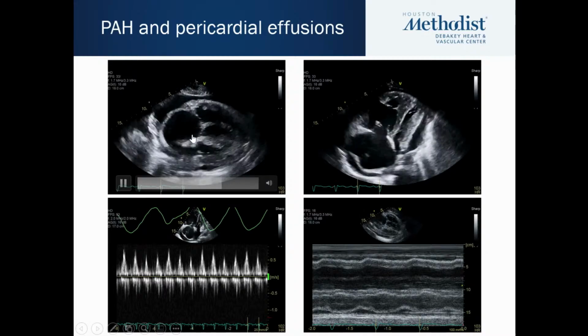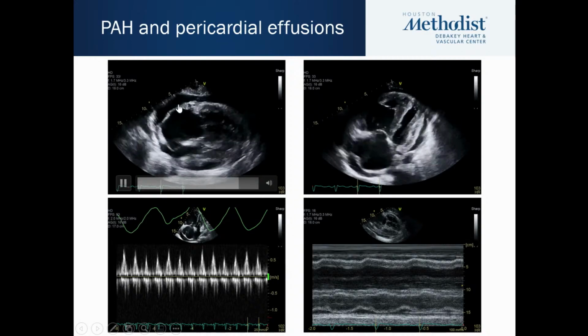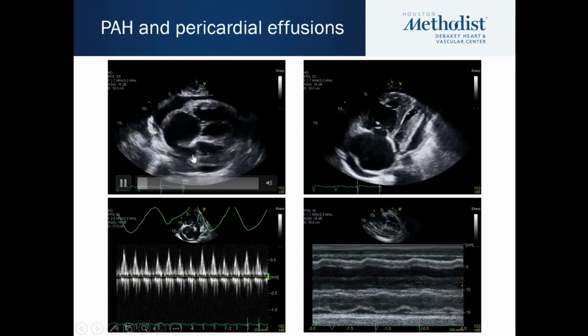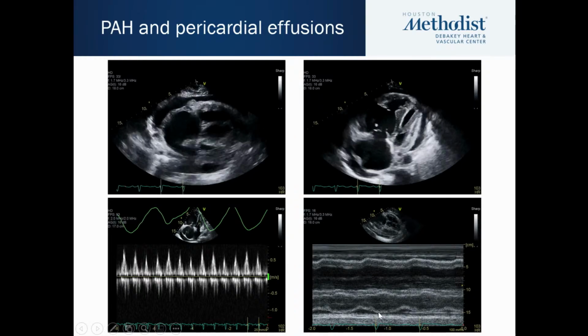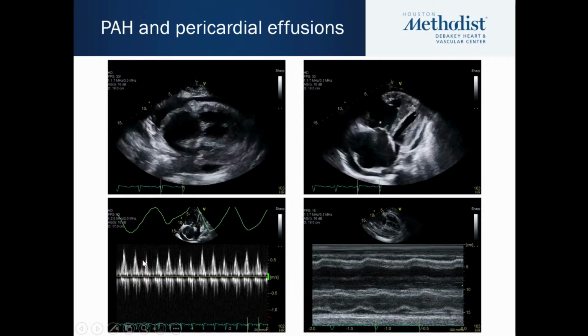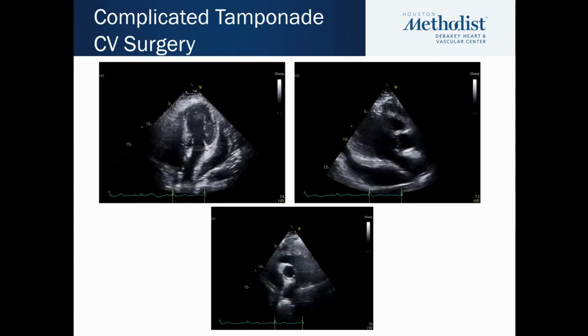And because of the RA and the RV pressures being elevated, even if the pericardial pressure goes way high, it may not be enough to cause inversion or compression of these, but rather those two chambers. And here you see on M mode, the left ventricular free wall actually getting inverted during diastole, as well as the respiratory variation on the mitral inflow.